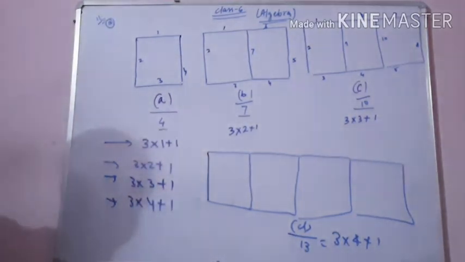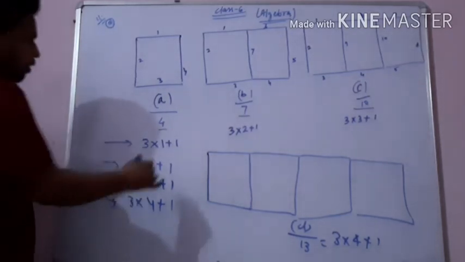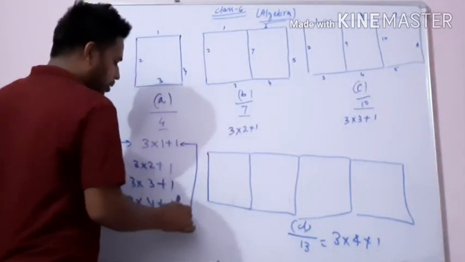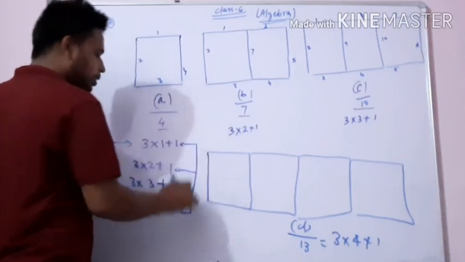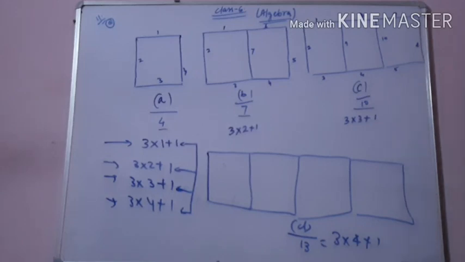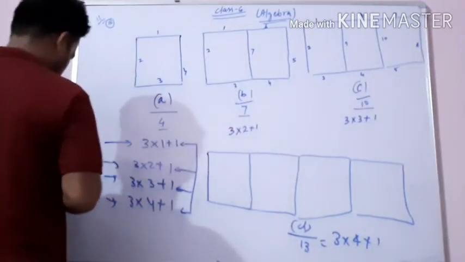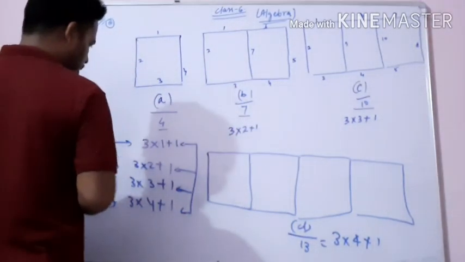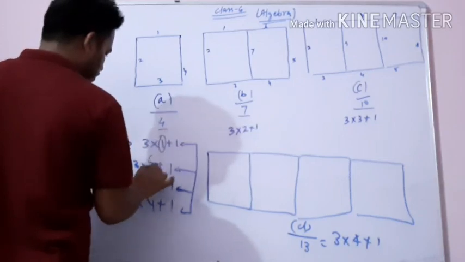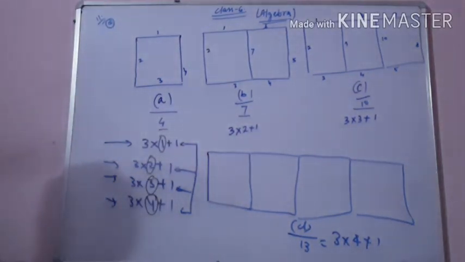Now see the pattern: 3 multiplied by 1 plus 1, 3 multiplied by 2 plus 1, 3 multiplied by 3 plus 1, 3 multiplied by 4 plus 1. What you observe is that only this number is changing. So we can take the value n.